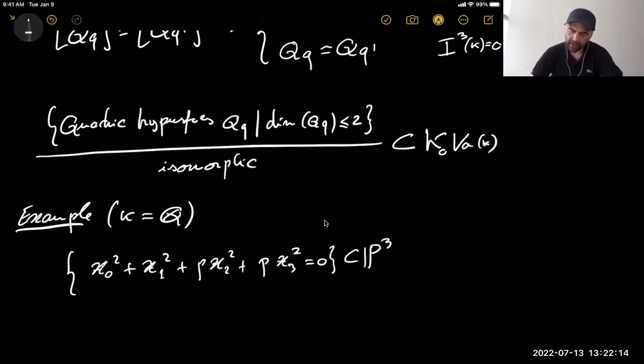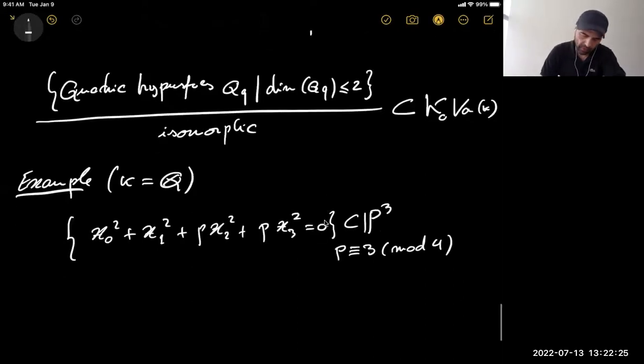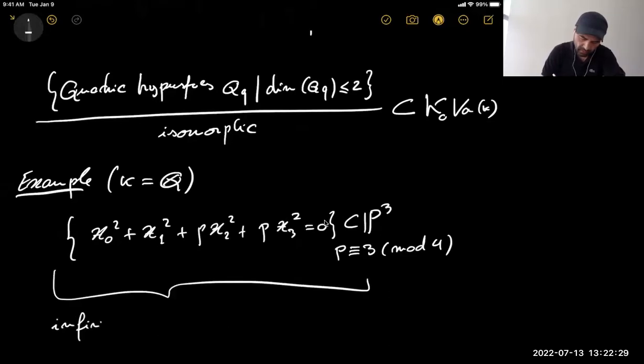They are actually this family, which is parameterized by those prime numbers which are congruent to 3 mod 4. So this is actually an infinite family. There are an infinite number of primes which are congruent to 3 mod 4.